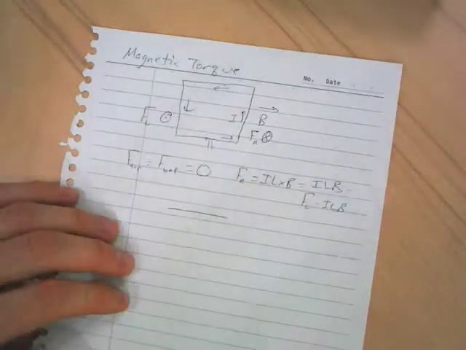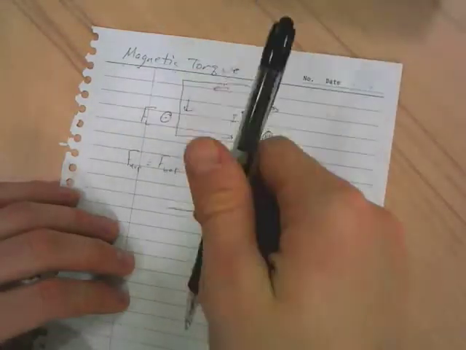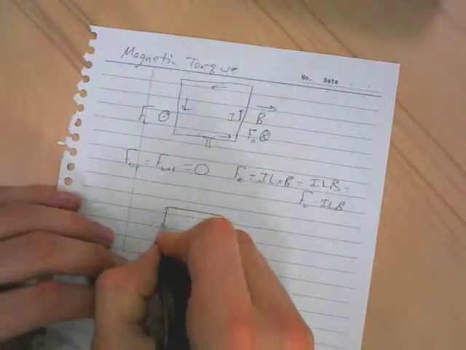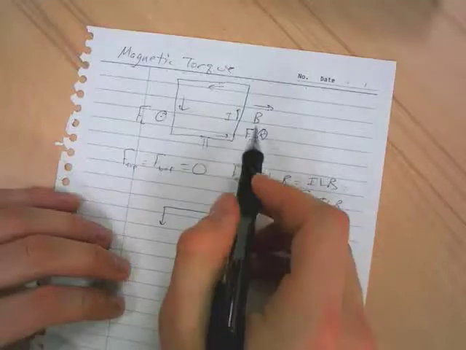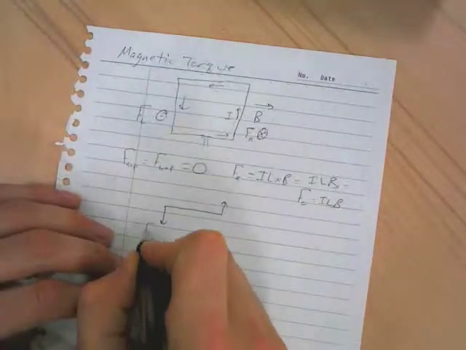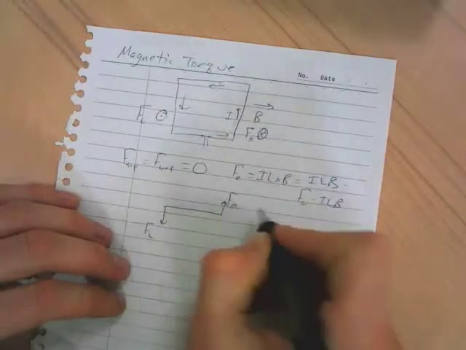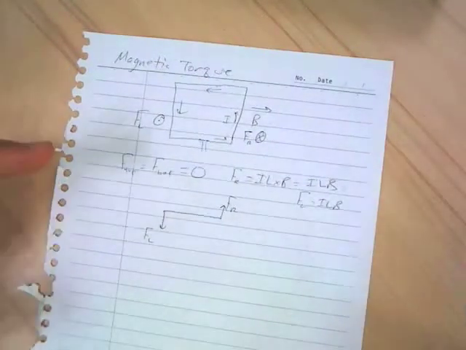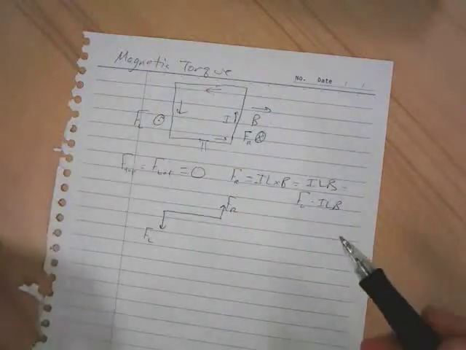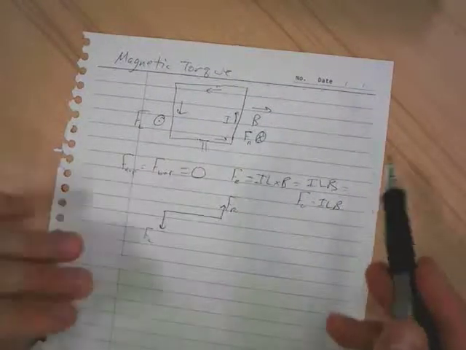The force coming out of the page means we've got a force going this way. The force into the page, again from the top view, means we've got a force going this way. This is the left force, this is the right force, which means that we have some net torque acting on our loop. Okay? Then the question becomes, how much torque?